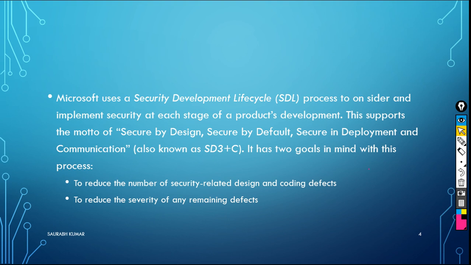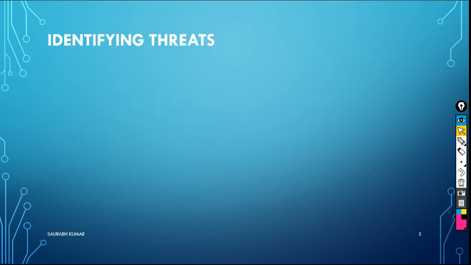Now we are going to talk about identifying the threats. When you are working as a security professional, your task will be to identify the threats. To identify the threats, an organization or security professional may use 3 different approaches.